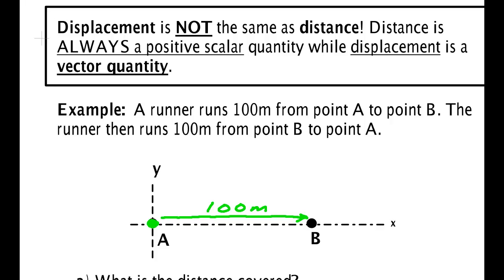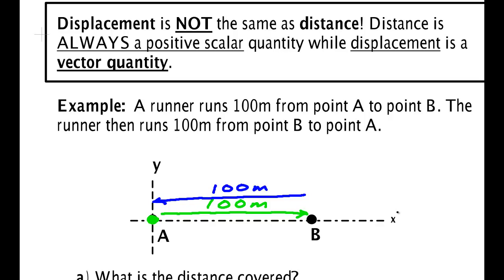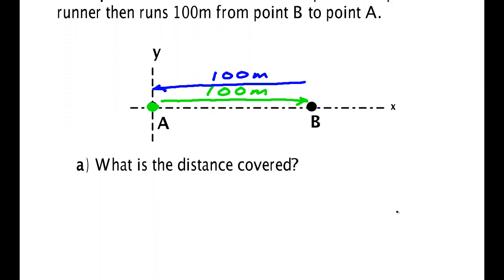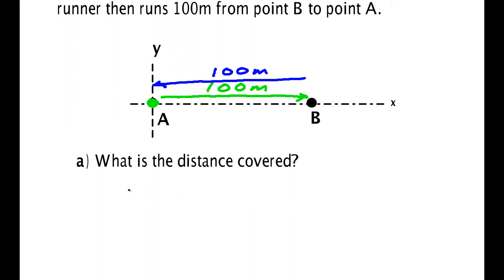And then after that, the runner is going to turn around and walk back to get back to point A. And during that time, the runner is going to walk a distance of another 100 meters. And the question is, what's the distance that the runner covers? Well, the answer is 100 meters plus 100 meters. The amount of distance you walk is 200 meters.